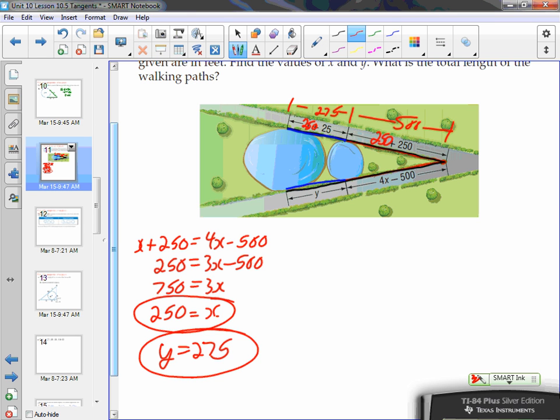There's two of them. So the total distance is going to be 775 plus 775, which is 1550, 1,550 feet. Questions?